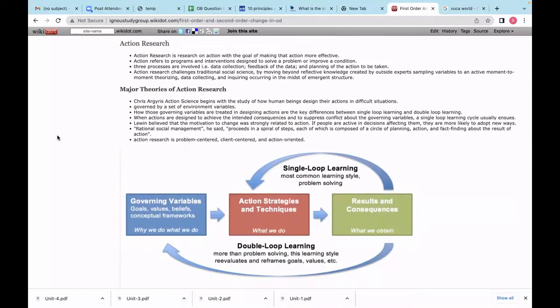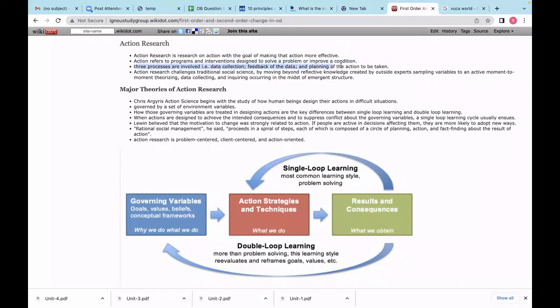So what are the actions that it is referring to? Whatever interventions you do, whatever problem solving you do, every action that you generally do. There are 3 things involved in action research. One, you collect the data, meaning you are doing the research, collecting all the aspects that you require for this particular research.